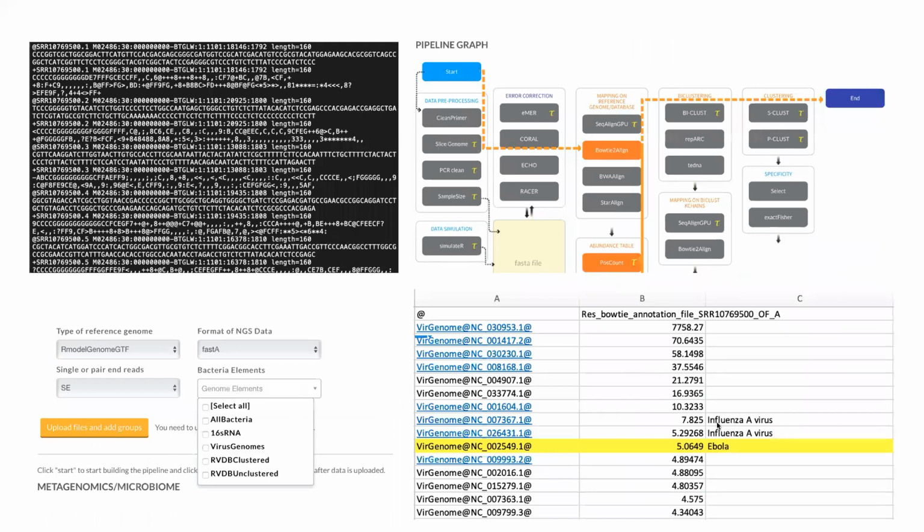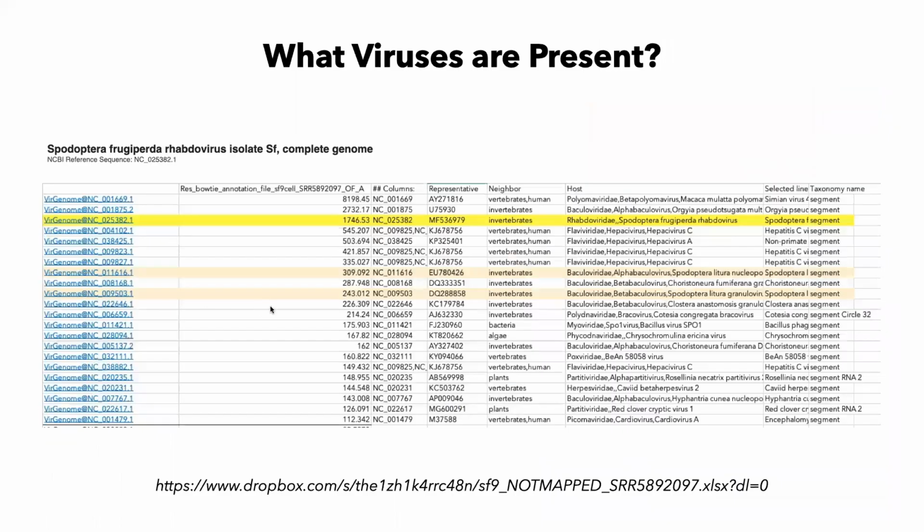In the SF9 example that you can go through in that project, you'll see that a lot of them might have some importance for what you're looking for. For example, here you can see different types of viruses that were found in a specific sample and the number of reads associated with each one.